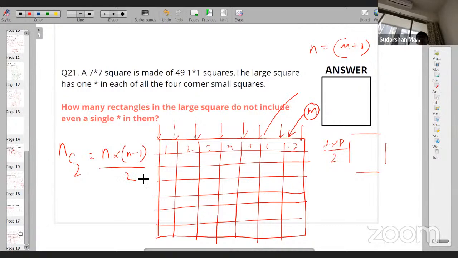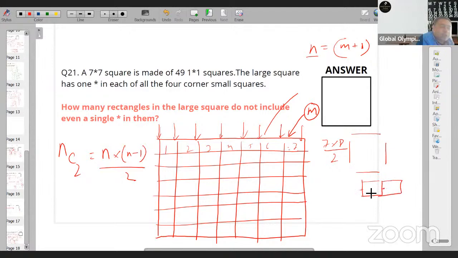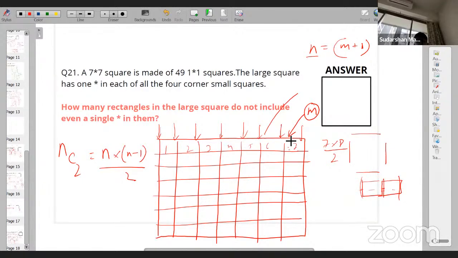What is n and m here? m is the number of boxes, the number of columns, and n is the number of lines. The number of lines will always be one more, correct? So if you have one box, you will have 2 lines. If you have 2 boxes, you will have 3 lines, correct? So n is the number of lines, which is m plus 1, the number of boxes plus 1.